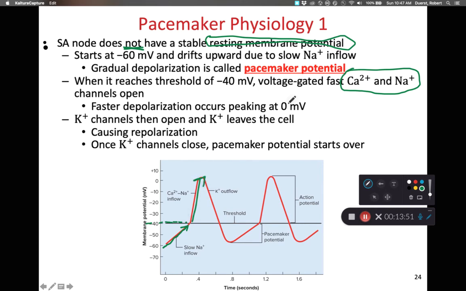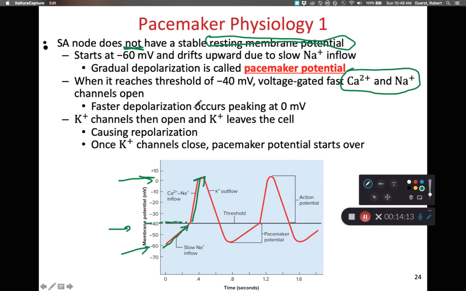Typically, that depolarization event for these pacemaker cells, and if we look at the numbers here, these are not the same numbers you had when we worked with neurons in our nervous system last semester. So we have -60, -40, and typically 0 millivolts-ish as our peak voltage. So those numbers are going to be a little bit different.